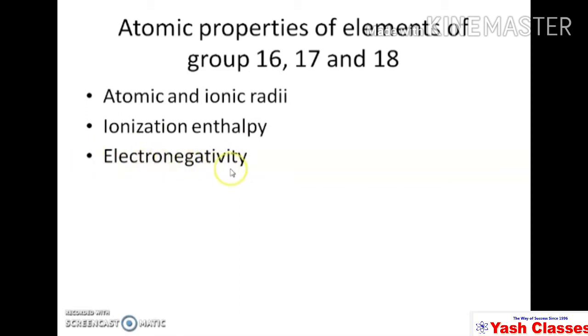This is also an atomic property. Electron gain enthalpy is the amount of energy absorbed or released when an isolated gaseous element gains one electron and forms a negative ion, that is an anion.